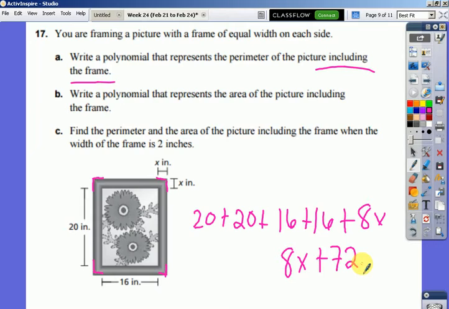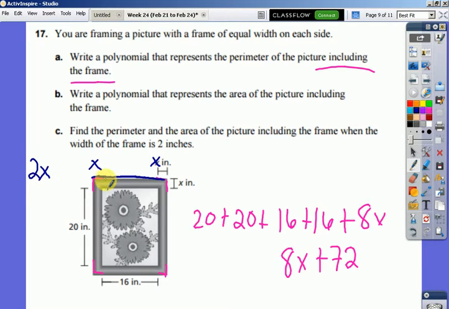Now it says, write a polynomial that represents the area of the picture, including the frame. So again, I have to think about what this means. How do I find area? I do what? Multiply the sides, right? So if I'm multiplying the sides, what would that look like? Well, let's take into account this one side first. I have an x here and an x here, so how many x's do I have? 2.